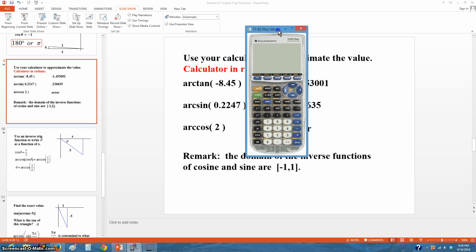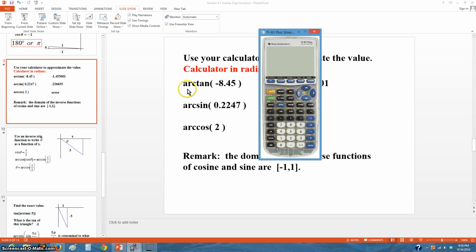The first one is arc tangent. Remember that even though you don't see the arc button on there, this basically means the inverse tangent, and there is an inverse. If you notice, right above the tangent button is the inverse function of each of those. So here is the inverse sine, inverse cosine, and inverse tangent.